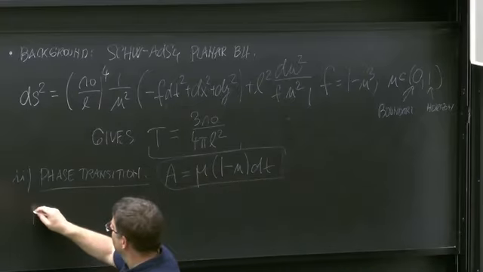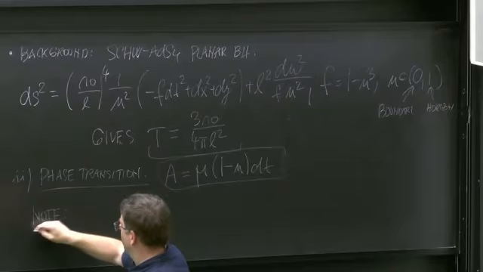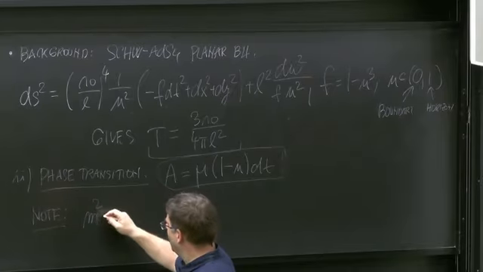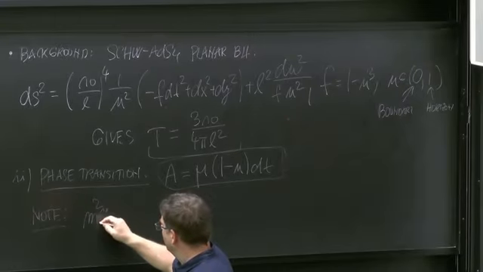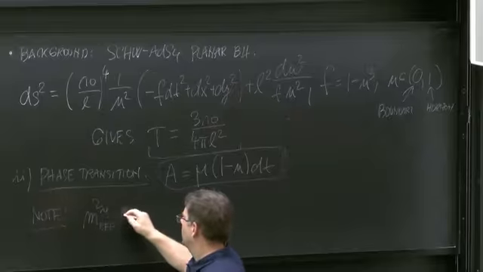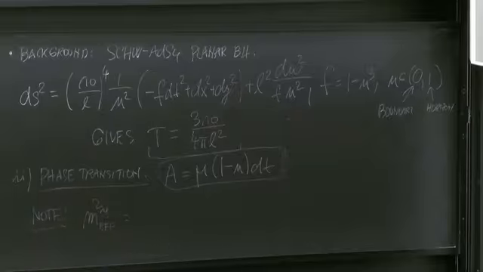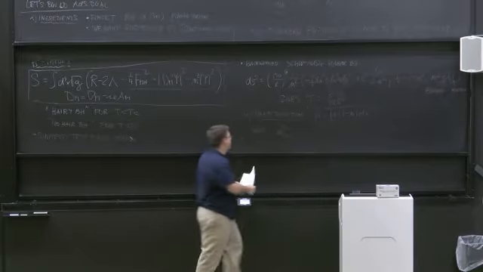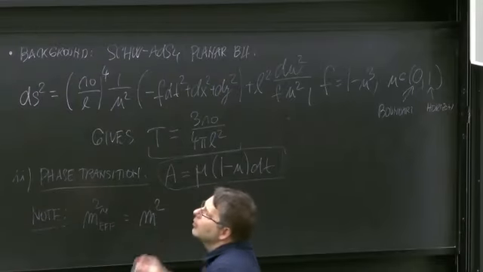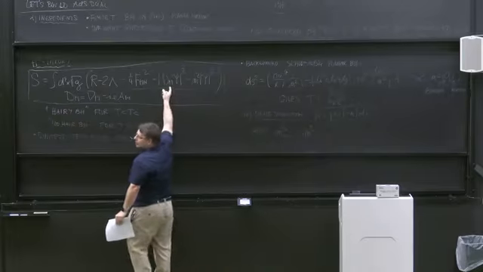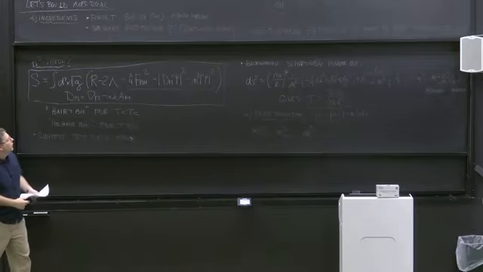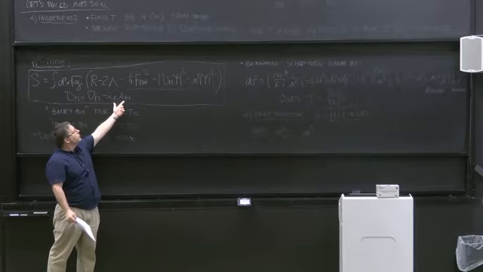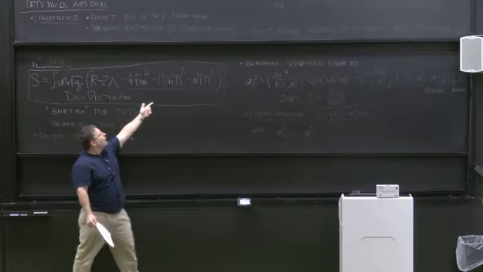Note that m squared of psi effective. If you look at this Lagrangian here, it's given by m squared, the bare mass. But if I expand the covariant derivative, you have the normal derivative, but you will also have the vector field A mu times psi.